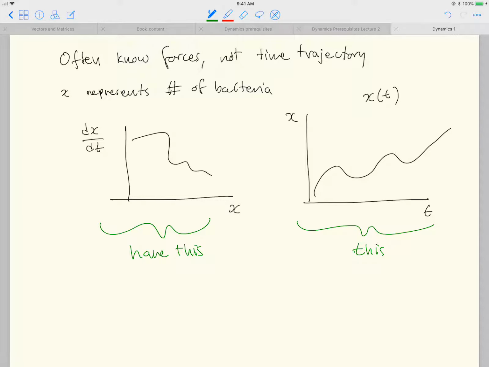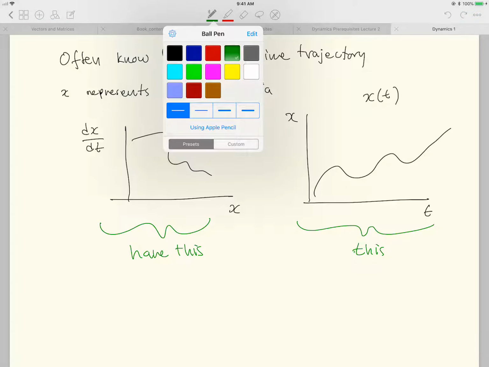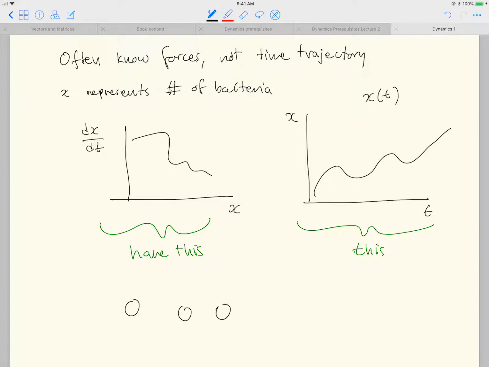So I said one of the conditions is the rate of change of the bacterial population as a function of the population. Another typical example is if you have a network of neurons. In neuroscience, this is what most comes up. If you have a bunch of neurons and they're connected to each other, and maybe some of the connections are inhibitory, some are excitatory.